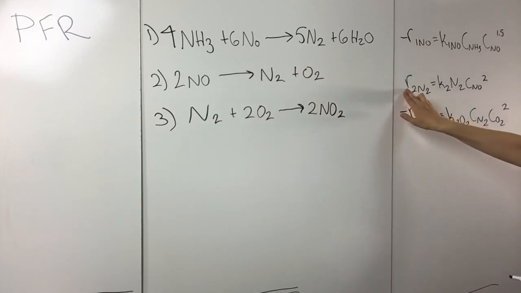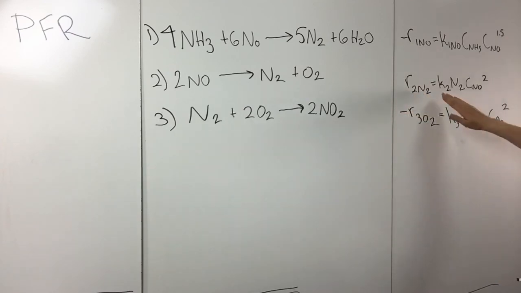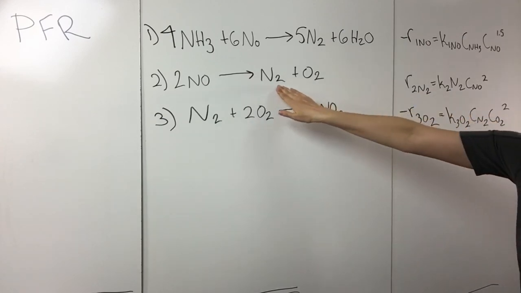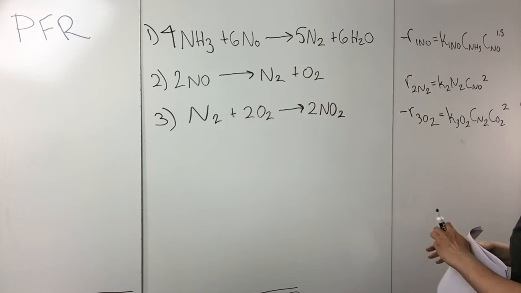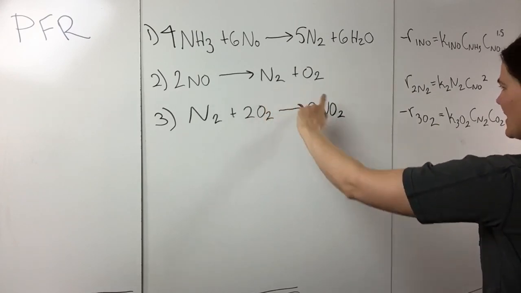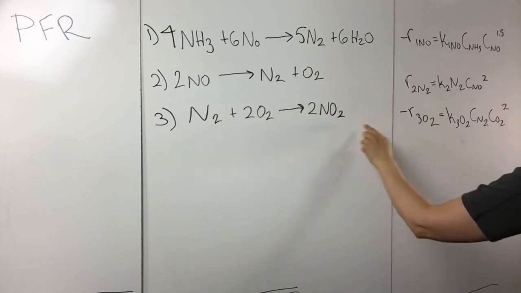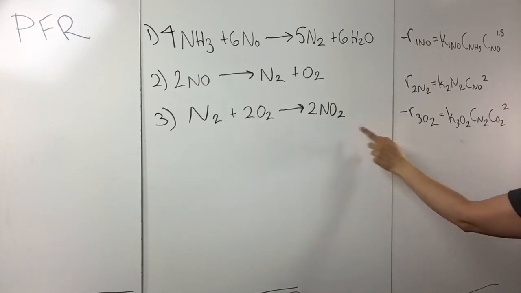And this one doesn't have a minus sign, so it's positive, designating the rate of appearance, the rate of appearance of N2. And you can see that in this equation N2 is being formed, so that should be the rate of appearance. And then this one is minus, so the rate of disappearance of oxygen.